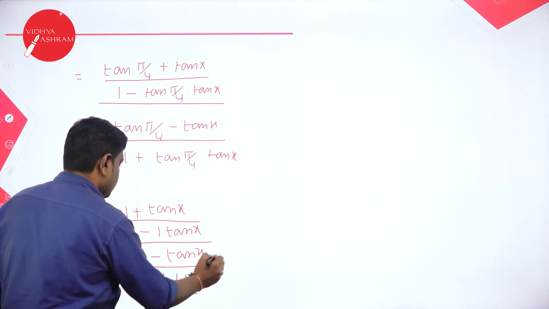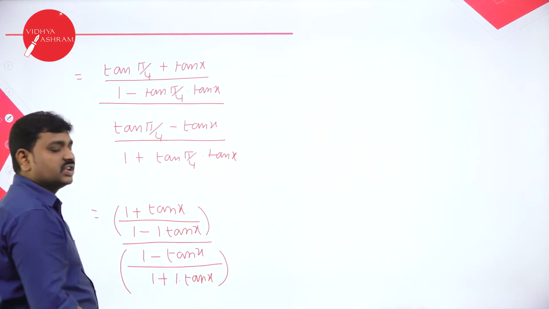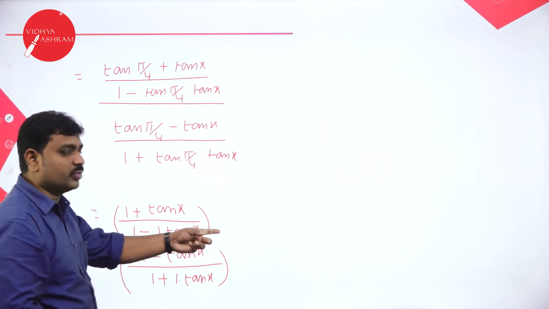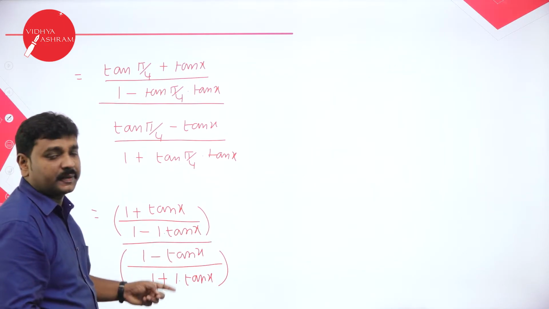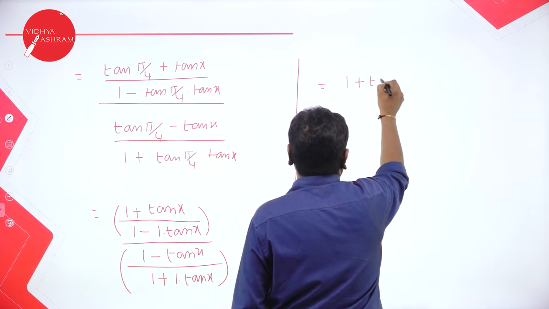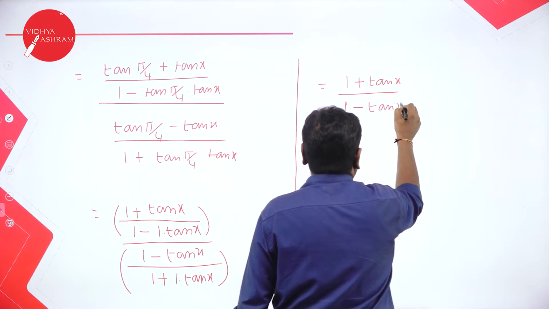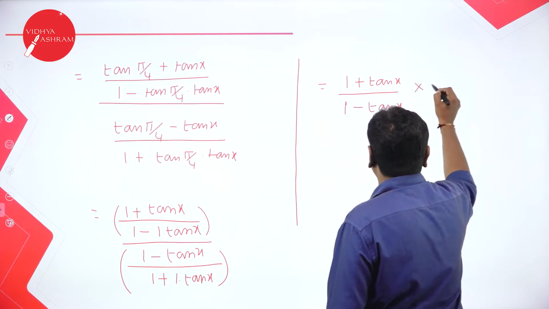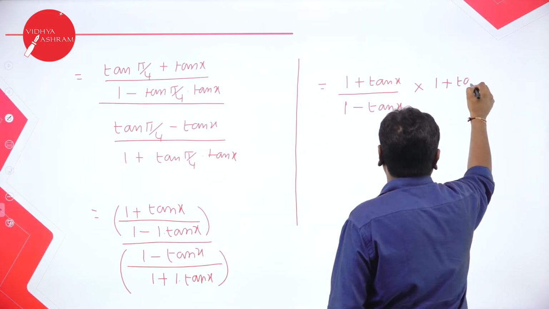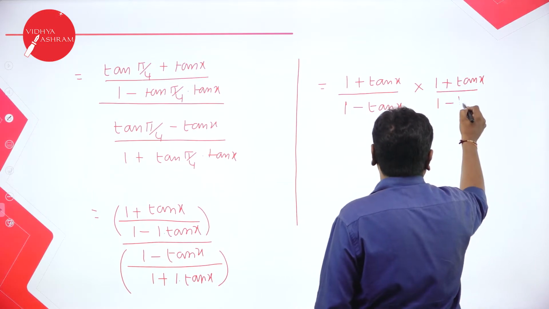Now we have two fractions, one in the numerator, one in the denominator. Take this to the numerator, it will become reciprocal. So the numerator is 1 plus tan x divided by 1 minus tan x. The denominator, if you take it up, will become reciprocal. So it will become 1 plus tan x divided by 1 minus tan x.